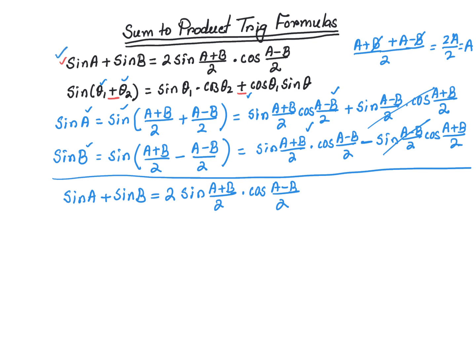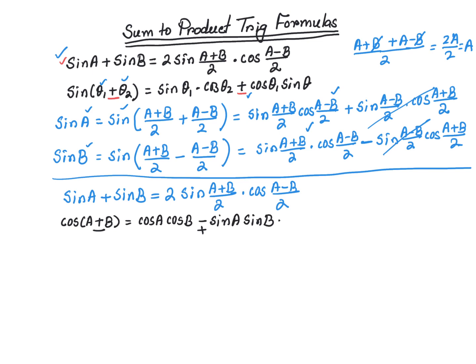Taking this idea and using the cosine formula, remember cosine of A plus B, or theta 1 plus theta 2, doesn't matter, is equal to cosine A times cosine B minus sine A times sine B. If this is minus, this is going to be plus.